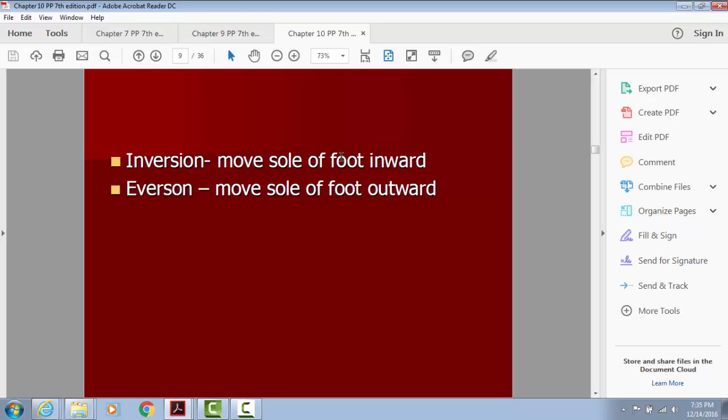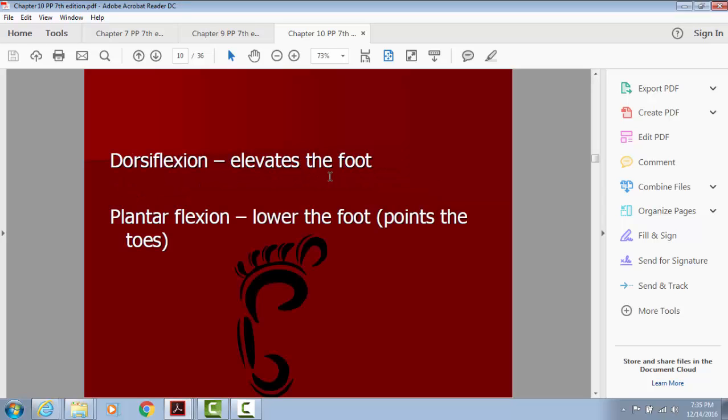Inversion, then, is moving the sole of the foot inward. Plantar flexion and dorsiflexion. Dorsiflexion is elevating the foot, not necessarily that you are putting the foot up in the air, but you are pointing your toes towards your nose. Plantar flexion, then, is the opposite. It's lowering the foot and pointing the toes away from the body.